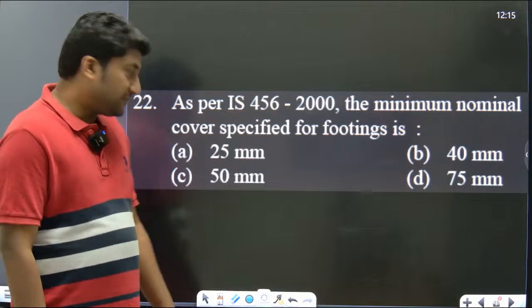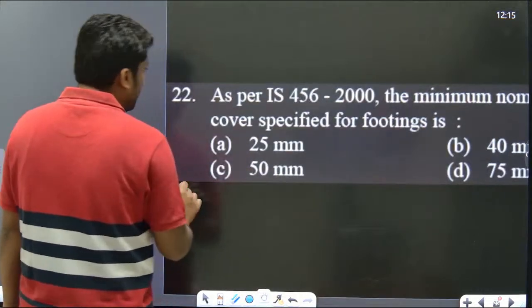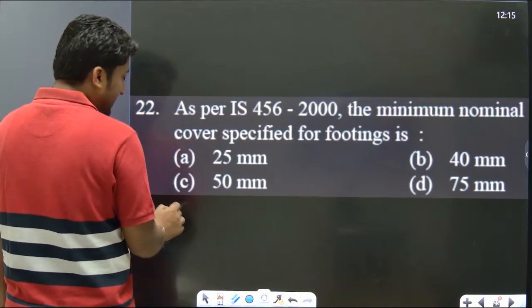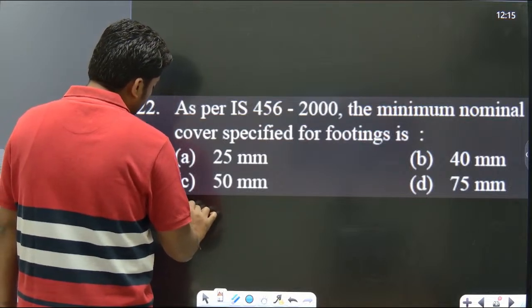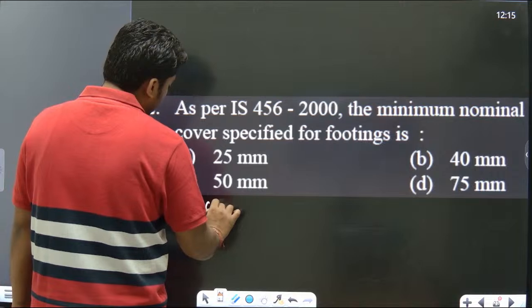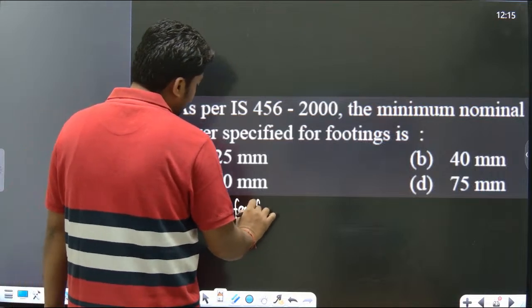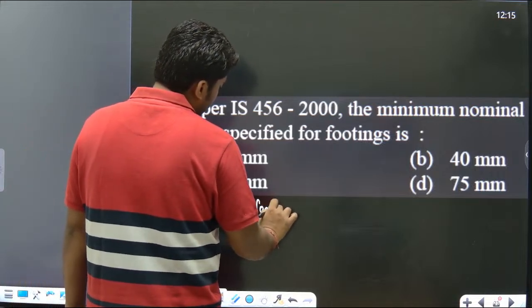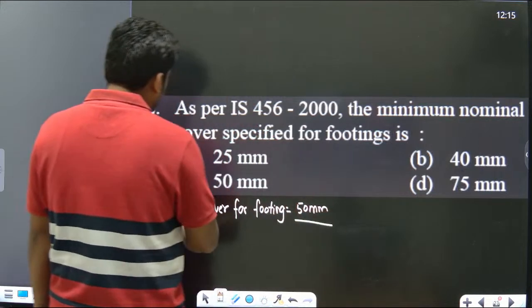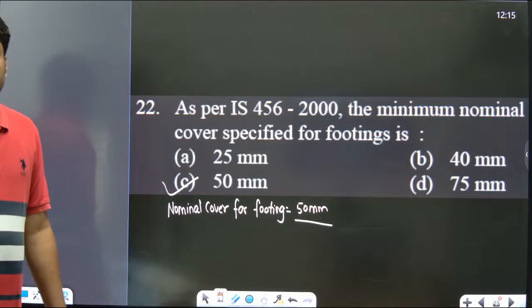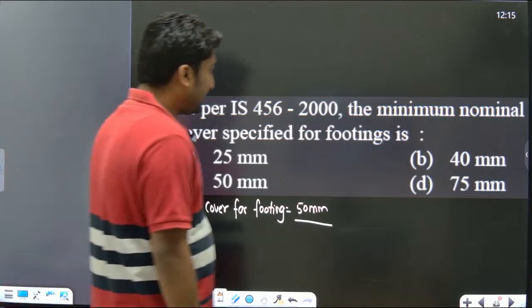For footing it is 50 mm. Very, very good. So the nominal cover for footing is 50 mm. Option C is the correct answer. Understood everyone? Okay, moving ahead.